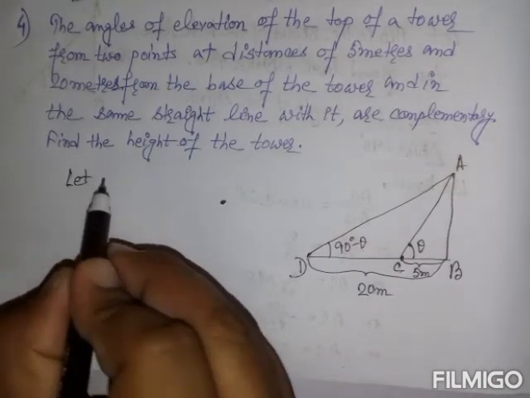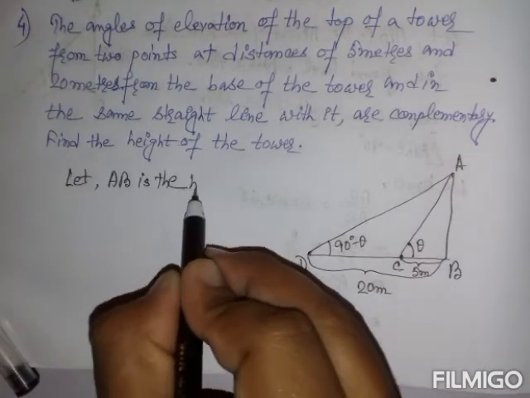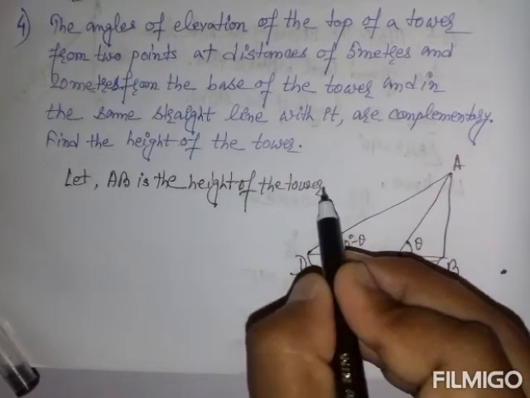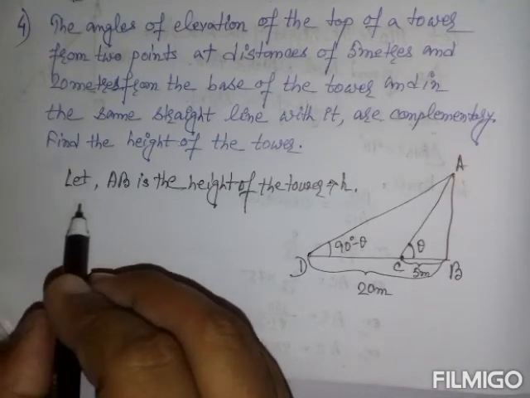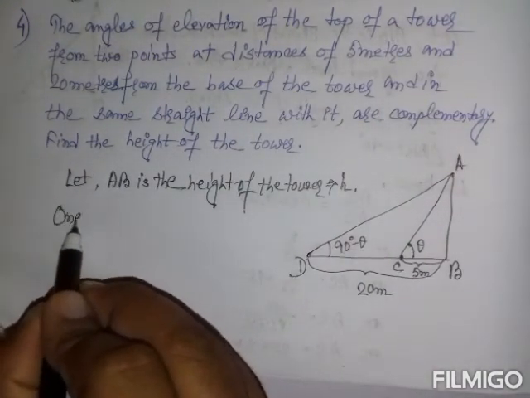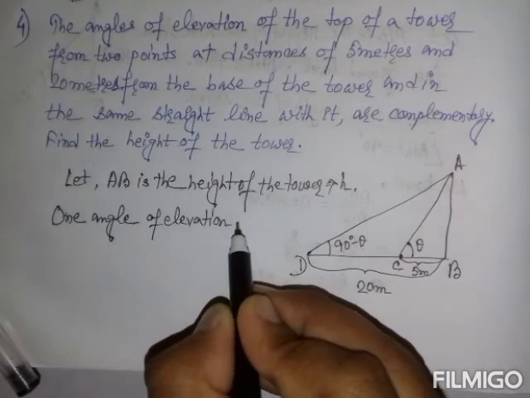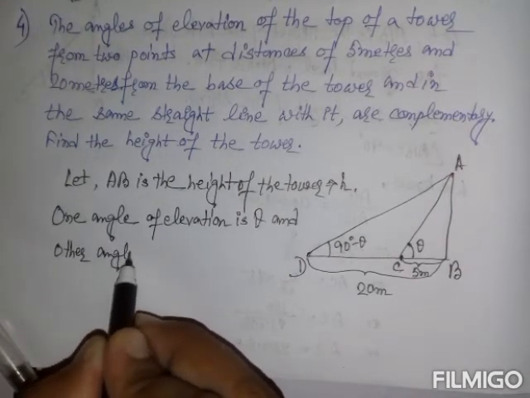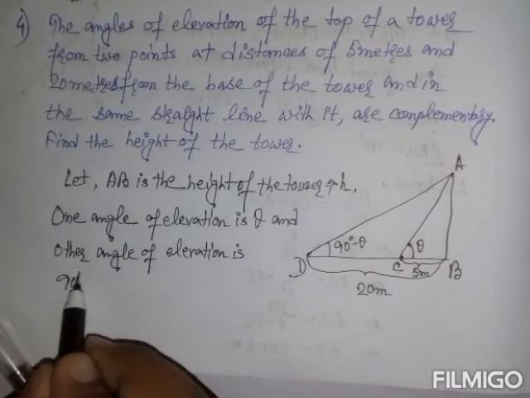Now let AB, the height of the tower, is equal to H, and one angle of elevation is theta and other angle of elevation is 90 degree minus theta.